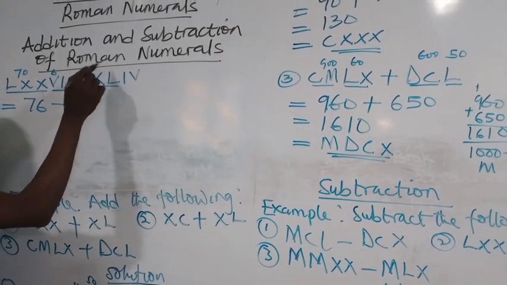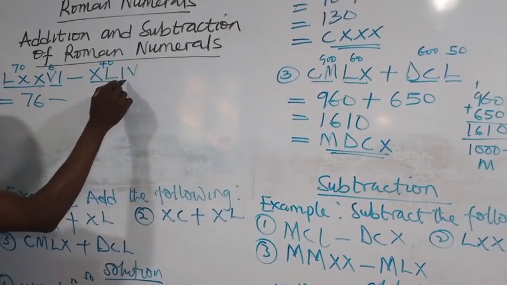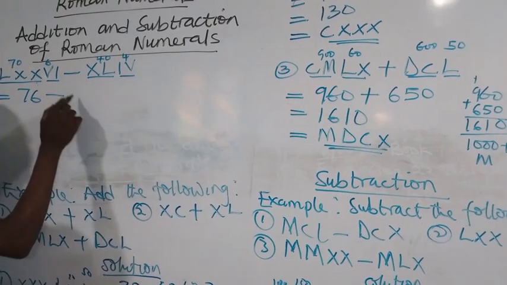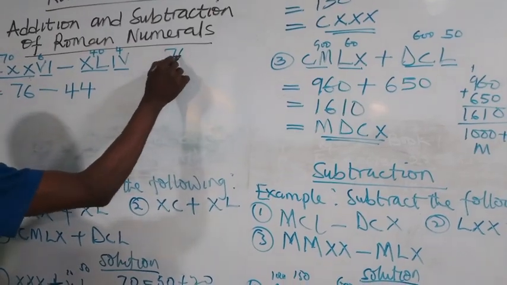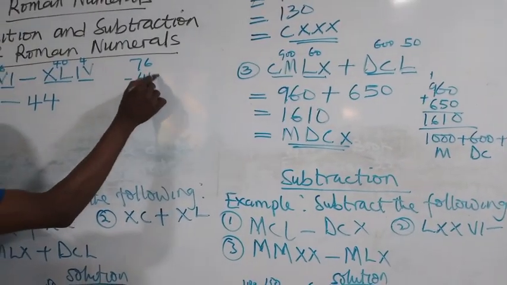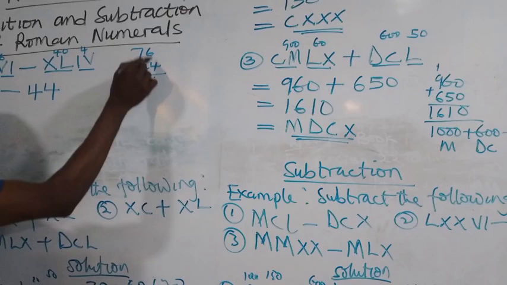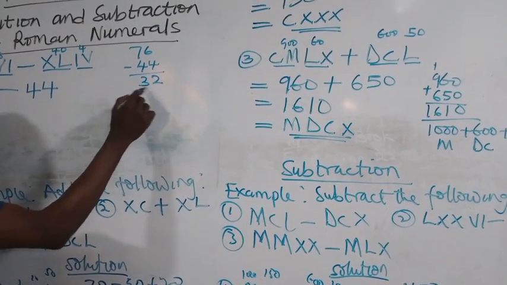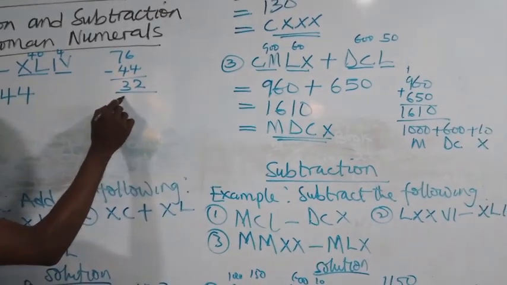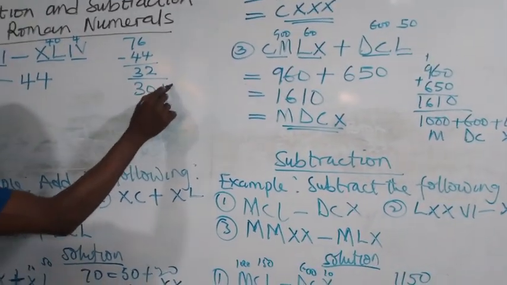XL is 40 and IV is 4, so we have 44. 76 minus 44: 6 minus 4 will give us 2, 7 minus 4 will give us 3. So we have 32. When we expand it, we have 30 plus 2.